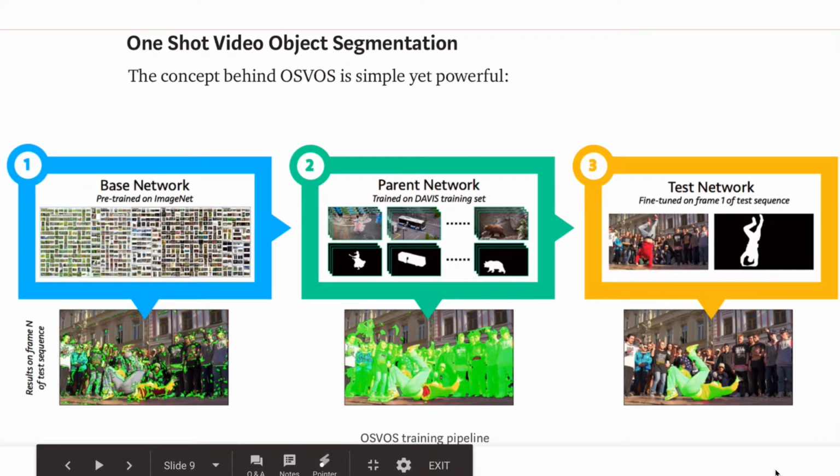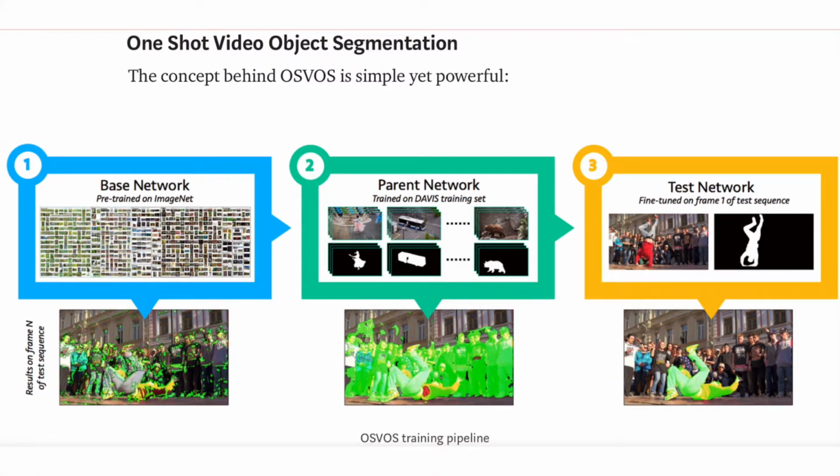The first one is called one-shot video object segmentation. In this approach, FCN is built by keeping only convolutional layers from a pre-trained CNN for classification, with additional convolutional layers for segmentation. The FCN is then trained with annotated videos, frame by frame, independently. At test time, for each video, the network is fine-tuned with the first frame and segments each frame independently.